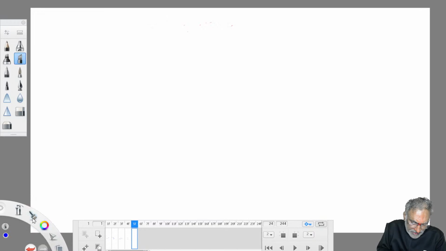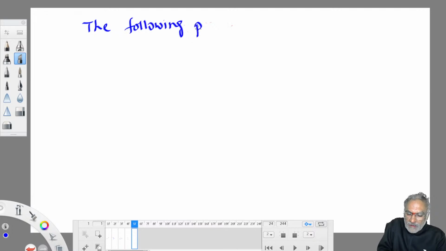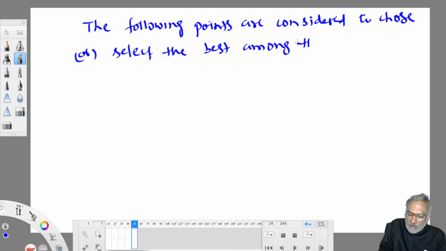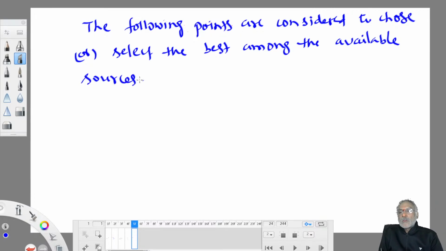The following points are considered to select the best source among the available sources. So what are the points to be assessed to find the best source?